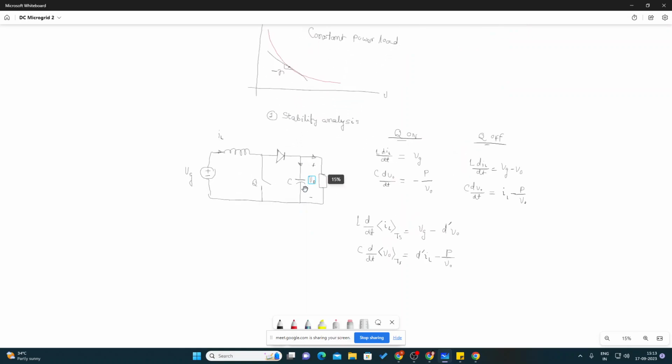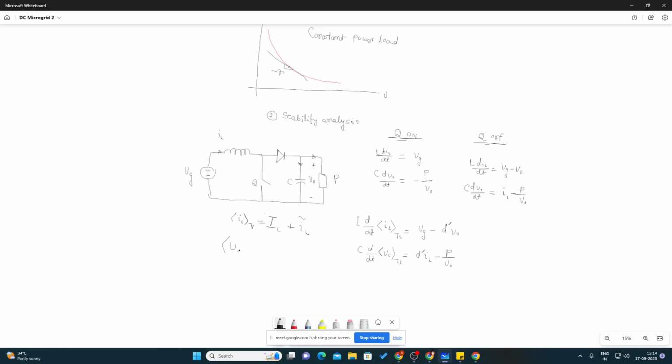Yeah, so we're discussing these expressions. Now if we consider small signal analysis, small signal is basically perturbation about the operating point or the steady state values. If I consider iL(t) to be one state, its steady state value is capital IL plus some perturbation IL tilde.